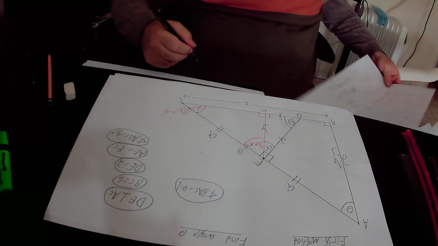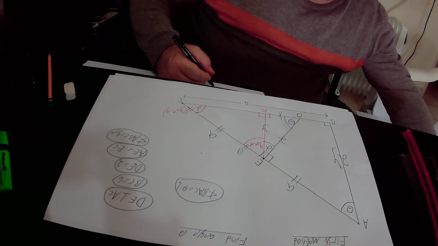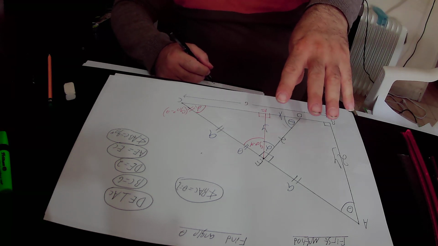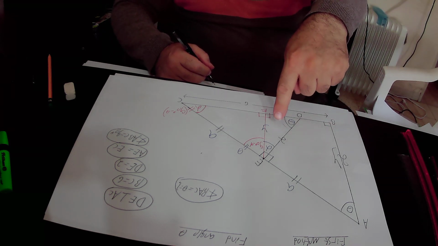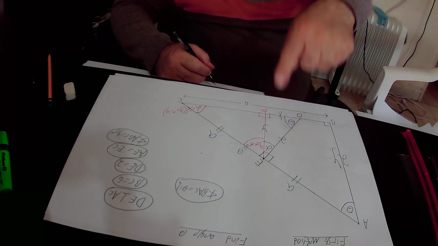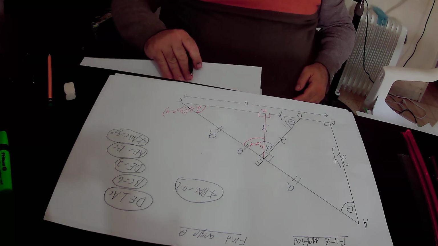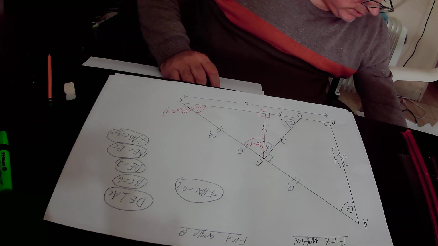In the next step, we'll prove that the right big triangle, triangle ABC, is similar to the right small triangle, triangle EDF. So why are those two triangles similar to each other?